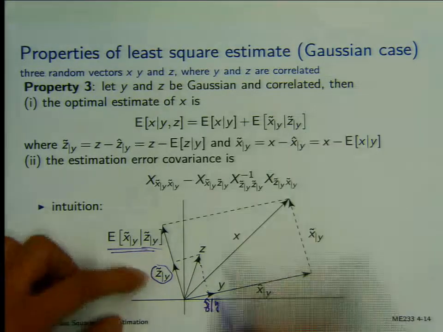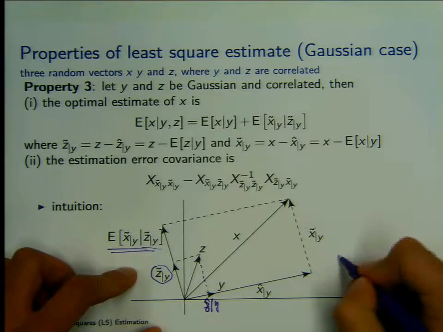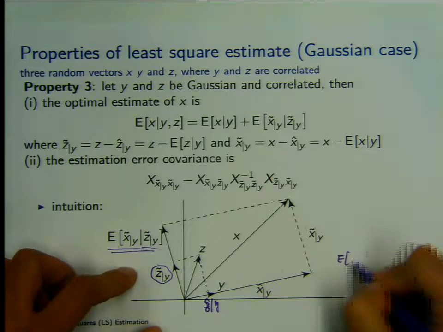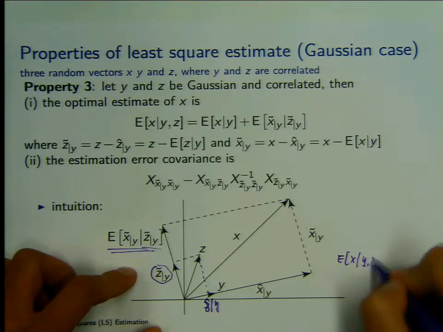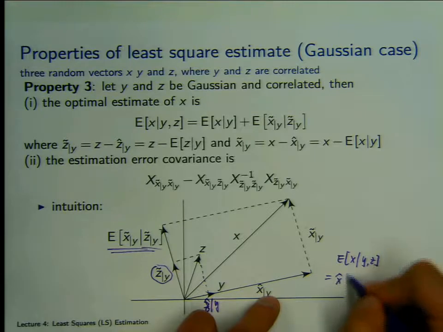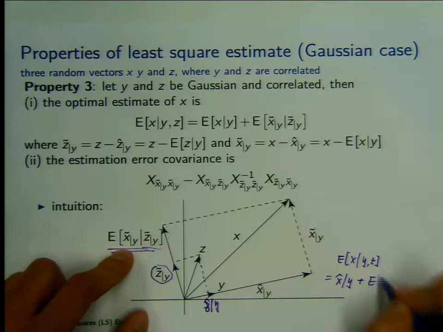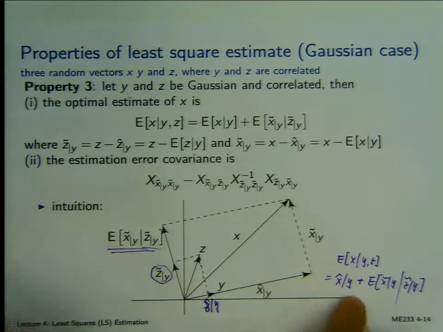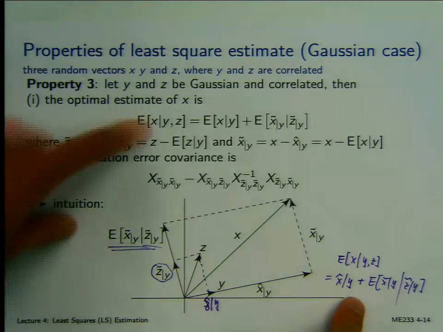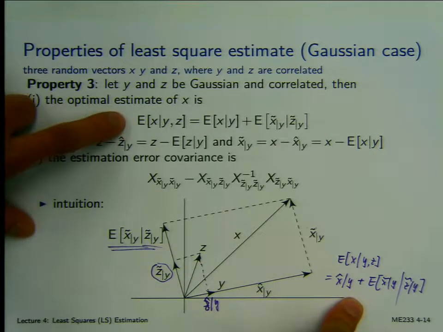So the final answer, as you can see, is going to be the best estimate of x given y for the case y and z are correlated. It's going to be x hat given y plus this guy here. Expected value of x tilde given y conditioned on z tilde given y. This is the most common case. This is the most practical case. Okay, so the equation is written here.